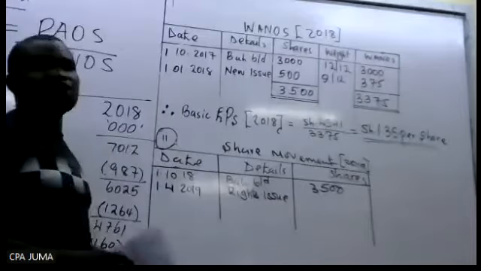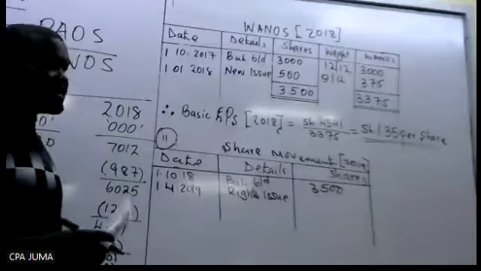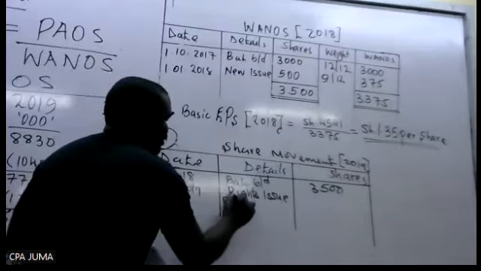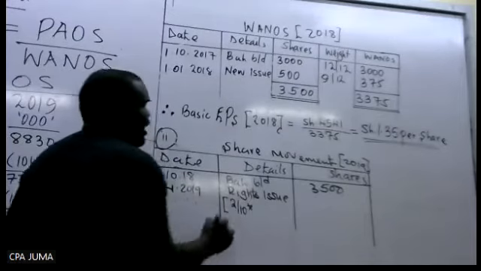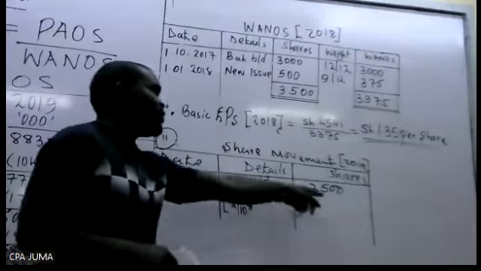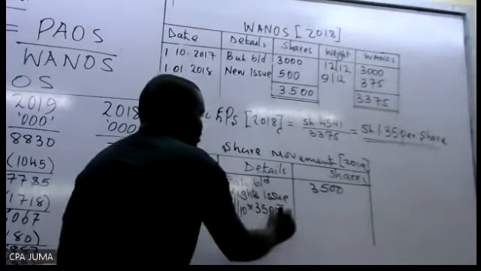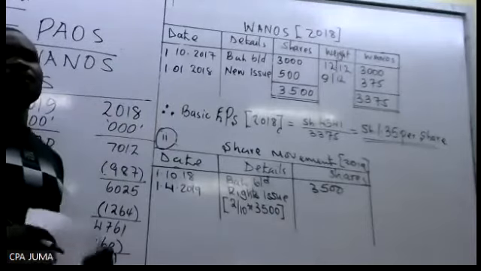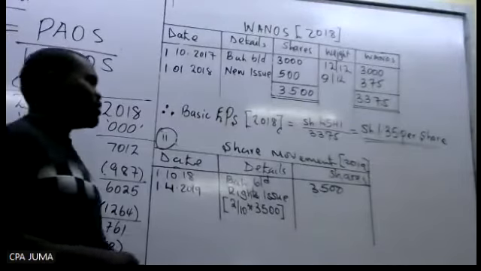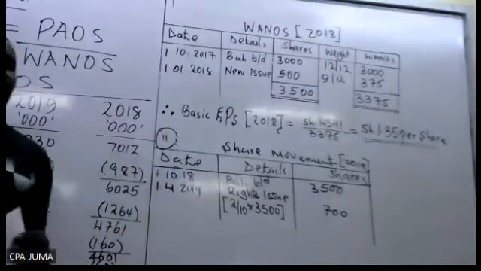For the rights issue, you check how many shares you got. They are giving on what basis? 2 for every 10. And how many shares are we having right now? 35. So 2 for every 10 by 35, we are having 7.